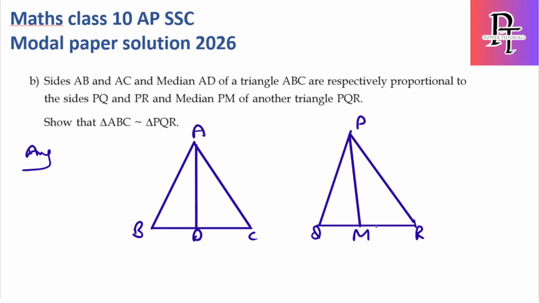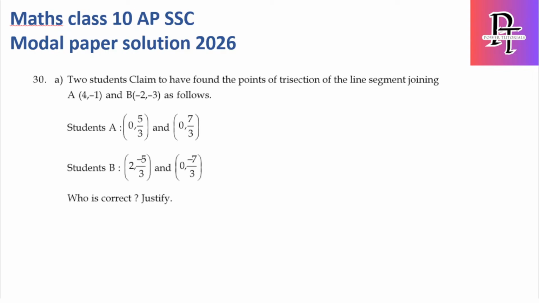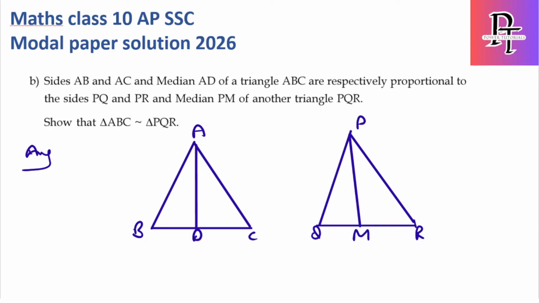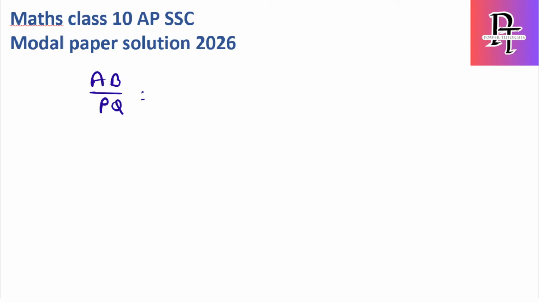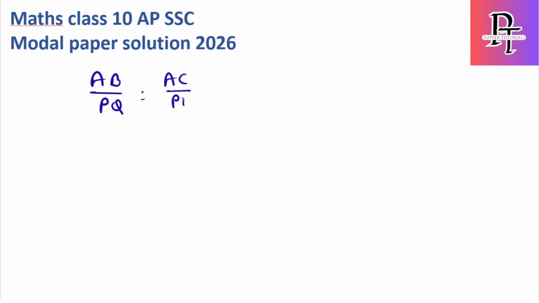Now what we have to prove is that triangle ABC is similar to triangle PQR. They already said that the sides are proportional, so AB by PQ is equal to AC by PR, which is equal to AD by PM. This I can say is given in the question.